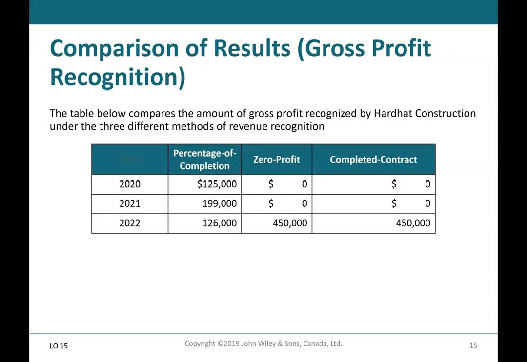In 2021, under percentage of completion, we recognized 199,000; zero profit and completed contract, 0. In 2022, percentage of completion, we recognize 126,000, and under zero profit and completed contract, we recognize 450,000.